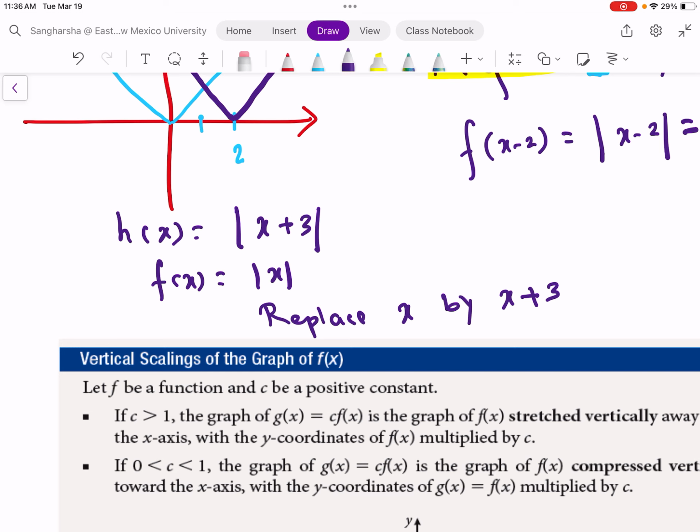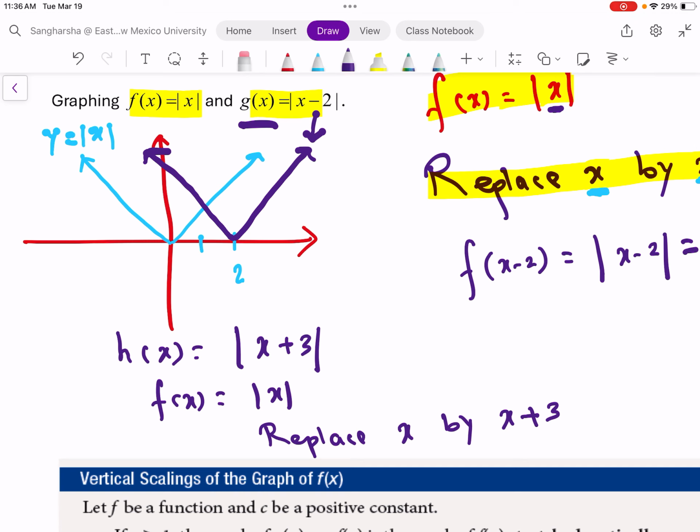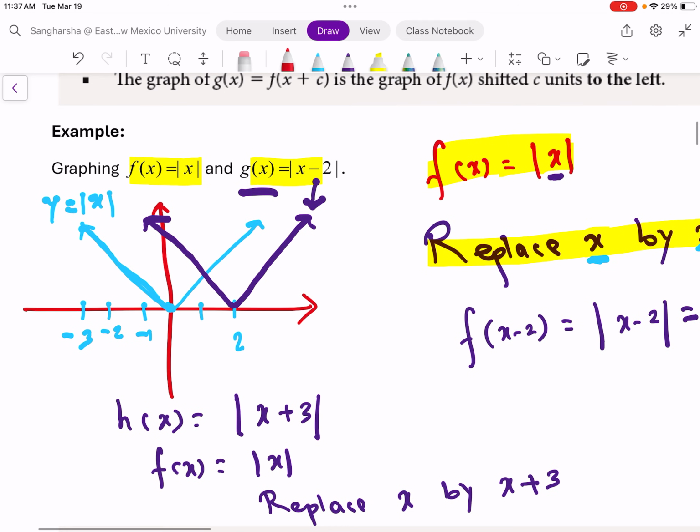Left, right, down, up? It will shift left by how many units? By 3 units. So this is the basic graph, and now it's shifted on the left. So this is -1, -2, -3. We shift our basic graph 3 units on the left. So this is the graph for our h of x.